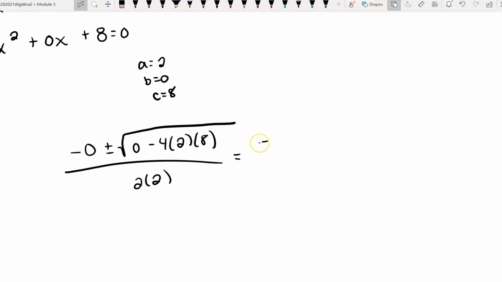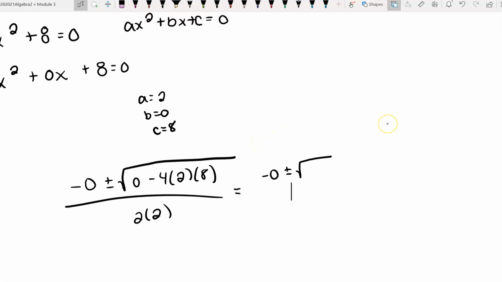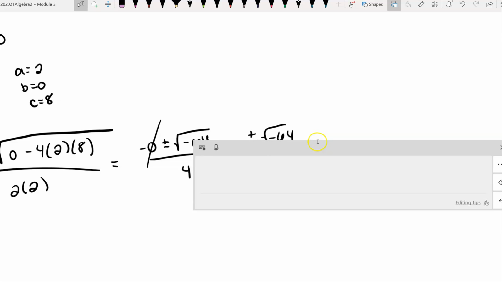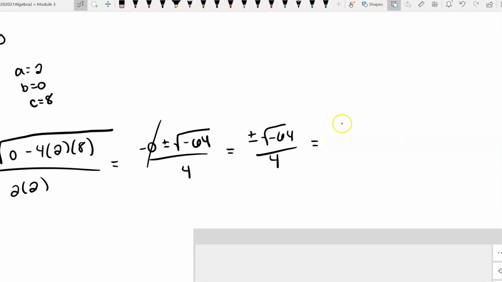Okay, -0 plus or minus the square root of, we're going to have negative 8 times 8 is 64, over 4. Simplify more. That can go away. -0 is 0. So I'm going to have plus or minus the square root of -64 over 4. Now, the square root of -64 equals, well, plus or minus 8, right?